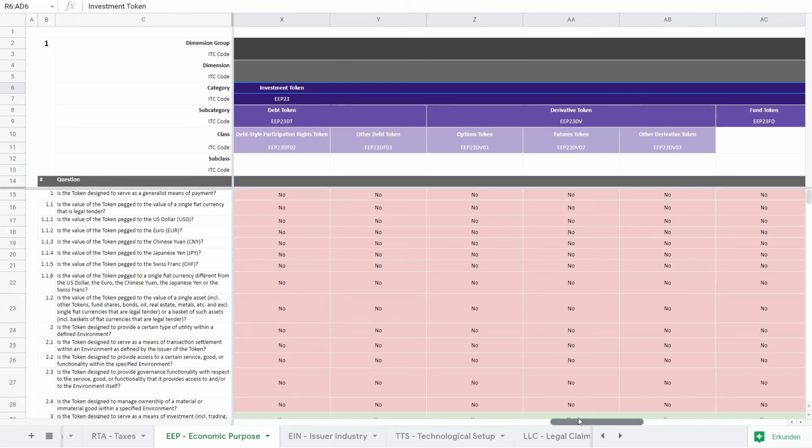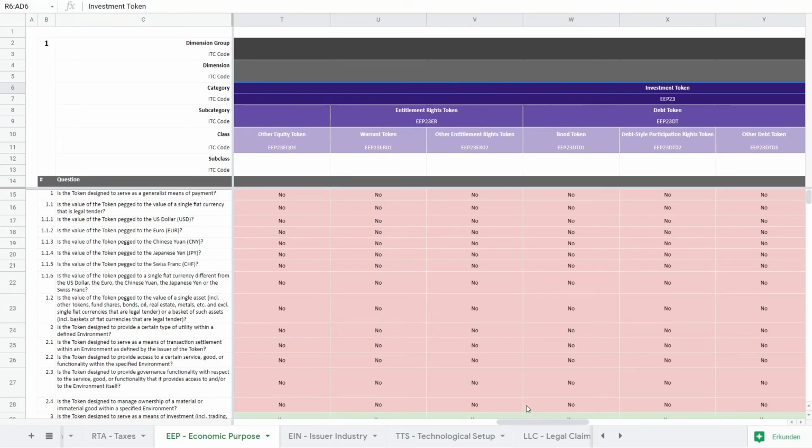Further down we have obviously also debt tokens and entitlement rights and equity tokens, which make up our main category here. We have differentiated between debt style participation rights and equity style participation rights tokens, because this is still something that's very popular in the Germanic area, so in Germany, Austria and Switzerland, due to national law, which makes it somewhat a special case.